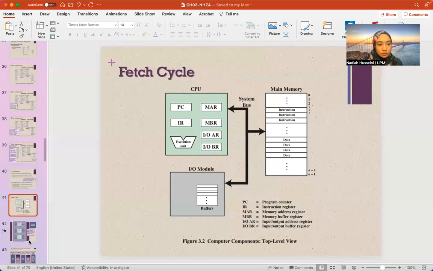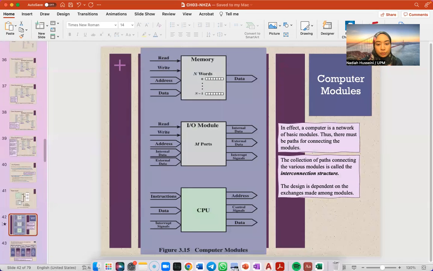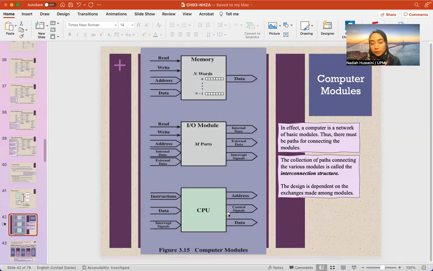That is the basis for this chapter, at least. And then we talked about the different modules: the memory modules, the I/O modules, and the CPU modules. The memory and the I/O have read and write operations, and they have inputs and outputs, whereas the CPU's difference is that it has the control signal. Of course, the CPU is the brain.